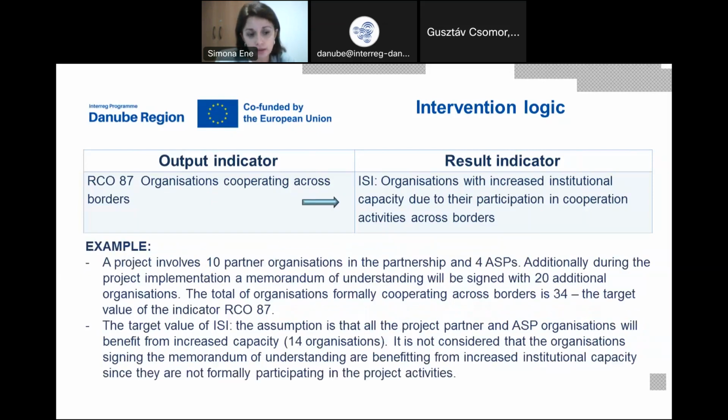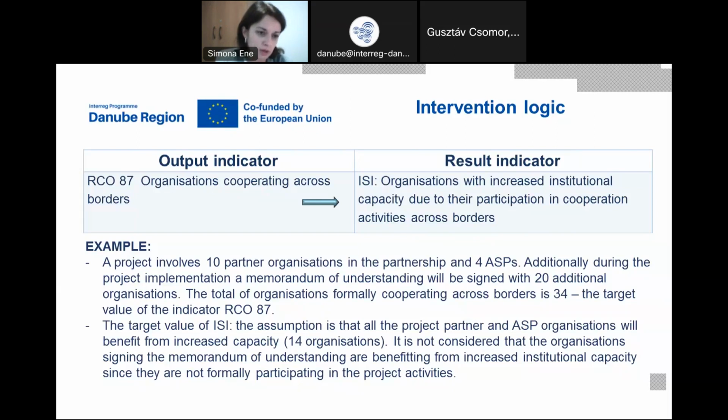For example, a project involves 10 partners or 10 partner organizations in a partnership and 4 associated strategic partners. If inside the project there is also assigned a memorandum of understanding with third parties, with stakeholders, these are also going to be counted because there is also a formalized cooperation.